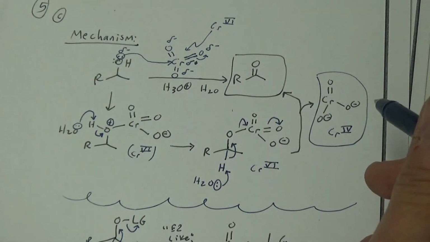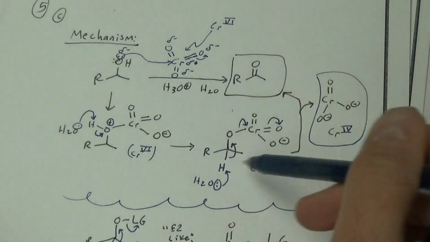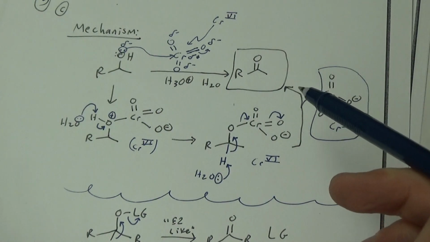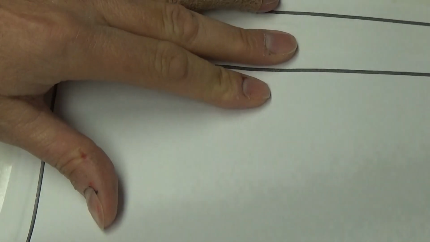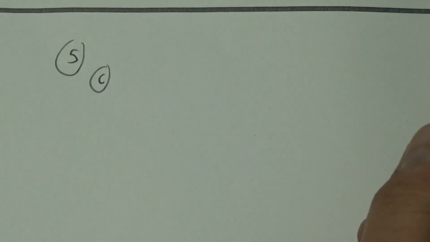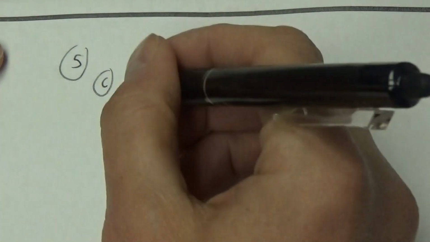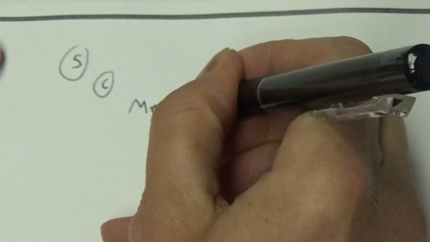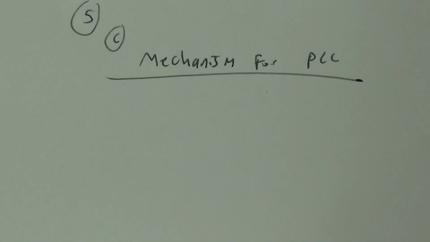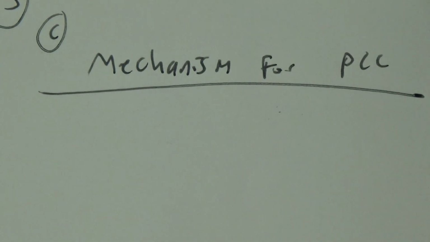You might want to step through it, and if you have index cards, obviously this would be a good full back of an index card, the mechanism of the CrO3. Okay, and the mechanism of PCC is the same thing. I'm going to abbreviate it a bit. Mechanism for PCC. It's just a different chromium 6.